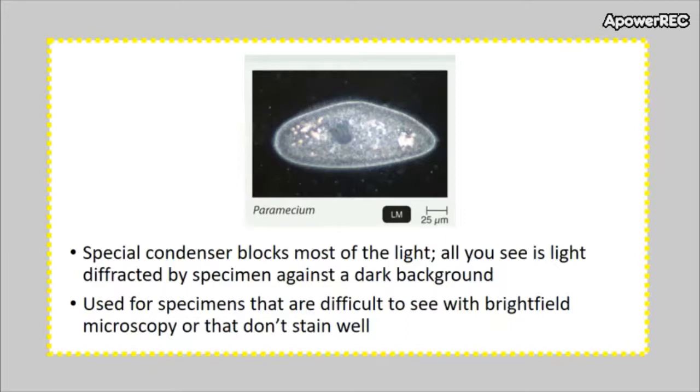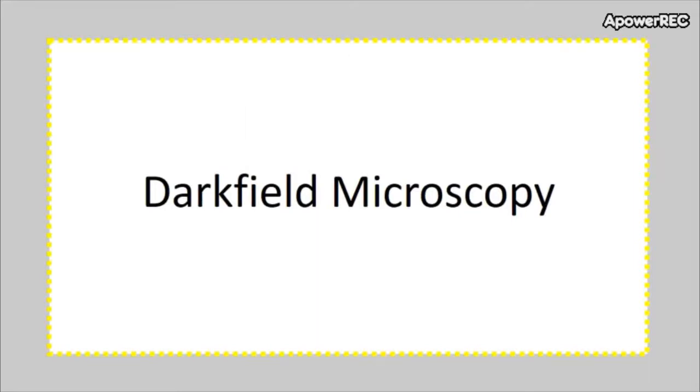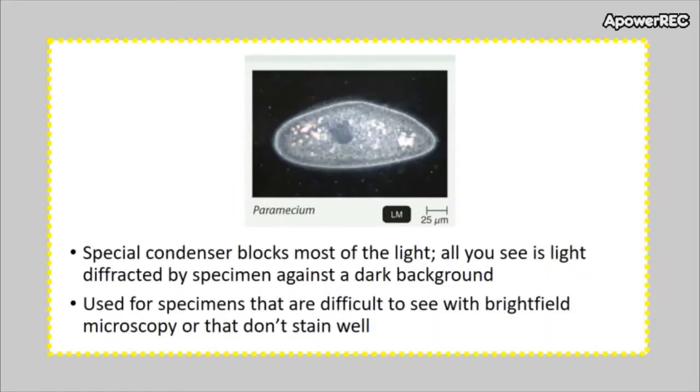All the light that you can see is the light that gets diffracted by the specimen against a dark background. So that's why we have the name Darkfield Microscopy. It's often used for specimens that are difficult to see using bright field microscopy and don't stain well. So in this example, we have Paramecium, a eukaryote.